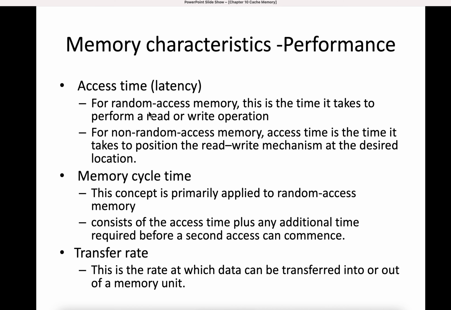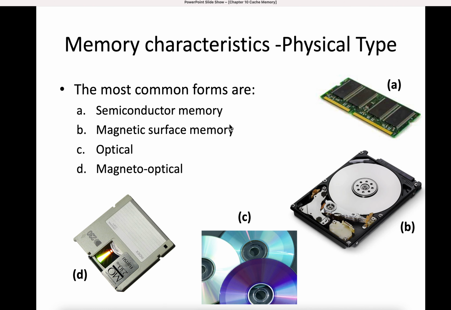For random access memory, the access time is the time it takes to perform a read or write operation. For non-random access memory, the access time is the time it takes to position the read and write mechanism at the desired location. We are going to look at this access time in a later chapter.